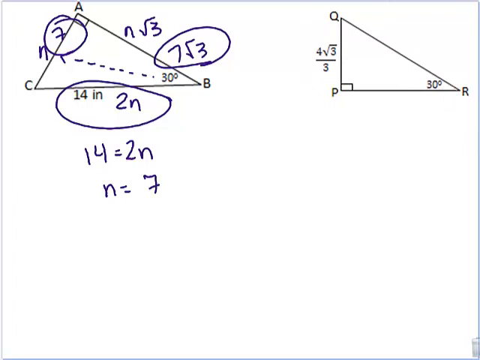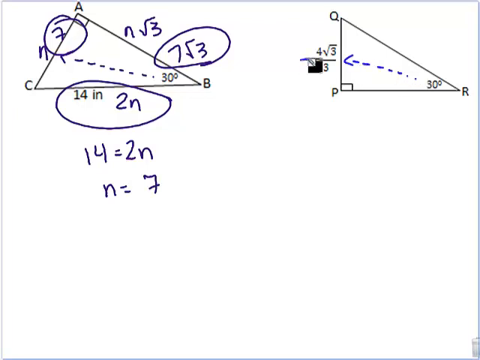Let's look at this one. Okay, we're going to find the two missing sides. So is this a 30, 60, 90 or a 45, 45, 90? 30, 60, 90. We know that because we have this 30 degrees. So the side we know is 4 square root of 3 over 3. Is that n square root of 3, or 2n? How do we know it's n?